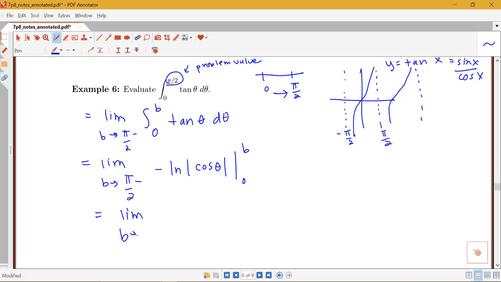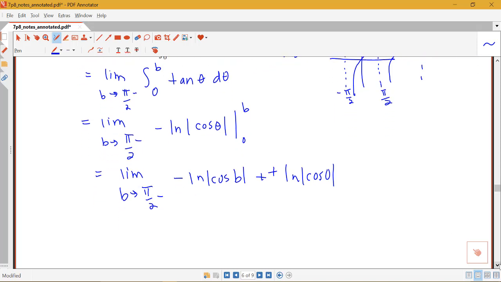So I have the limit as b goes to pi over 2 from the left of negative log of cosine of b minus negative log of cosine of 0. Remember that cosine of 0 is equal to 1, and log of 1 is 0. So we're really just looking at the limit as b goes to pi over 2 from the left of negative log of cosine of b. Now we have to think about what's happening here.